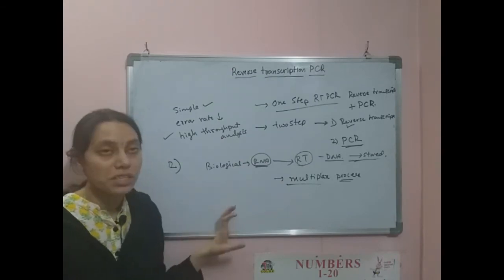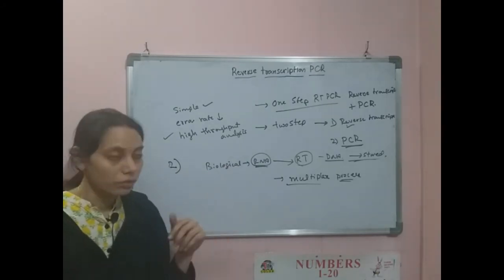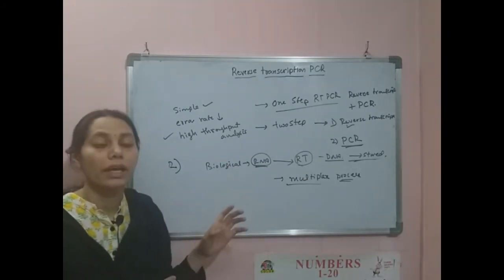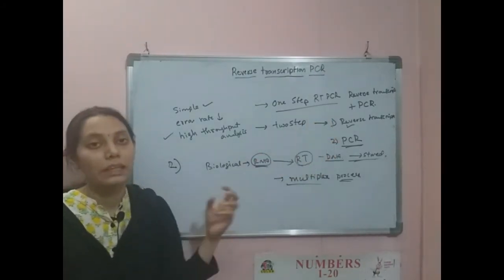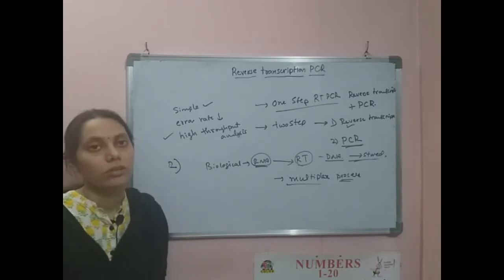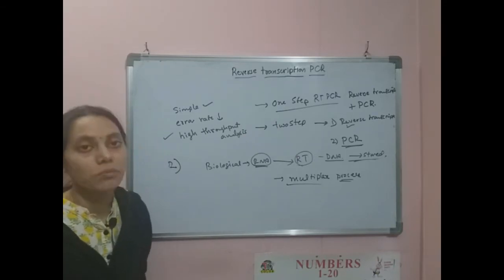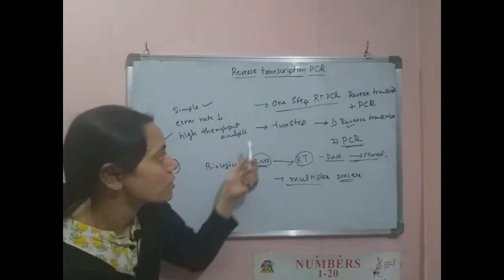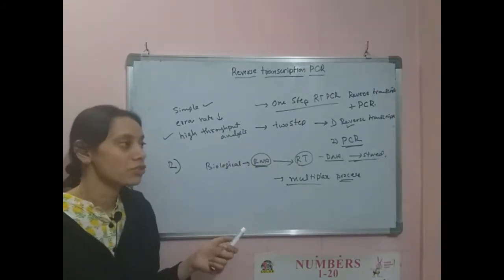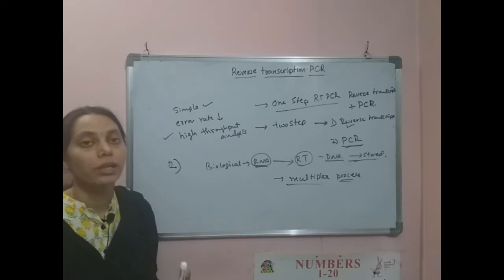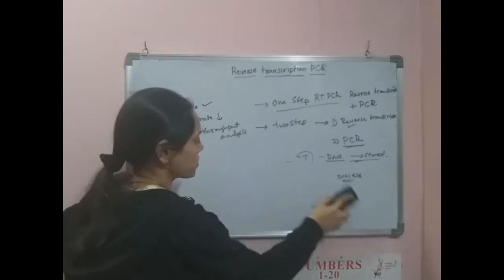But the disadvantage with two-step RT-PCR is that we need one additional transfer step from here to here, so there is a chance of contamination. So that is one-step versus two-step RT-PCR. Based on the experimental purpose, we need to choose one of the two types of RT-PCR.